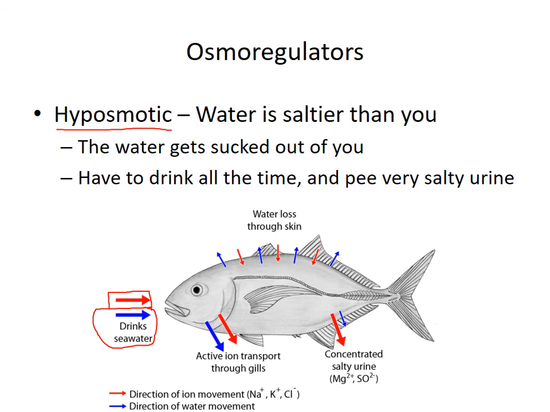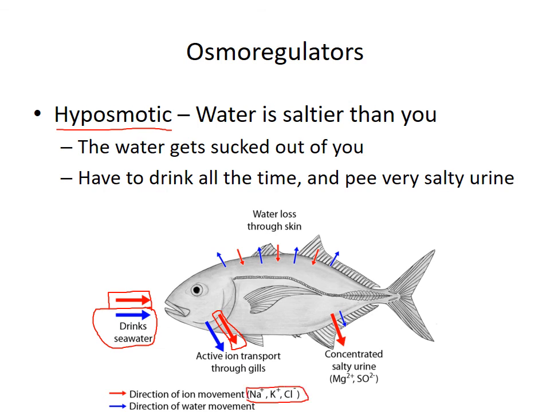One of the ways they do that is by actively pumping salt ions out through their gills. They have special membranes in their gill rakers which are able to pump excess salt ions like this out of their bodies.